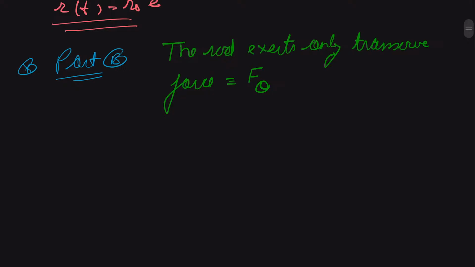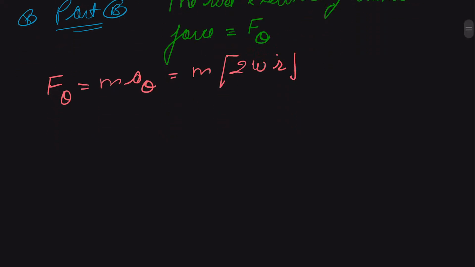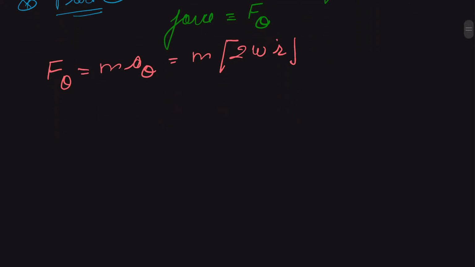So therefore we can write that F of theta will be equal to m times a of theta, and we substitute a of theta, we get this as m times 2 omega and r first derivative. And we just derived a relationship that r is equal to r naught e raised to power omega t.